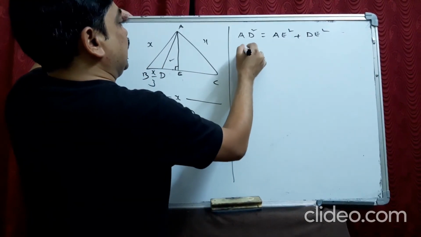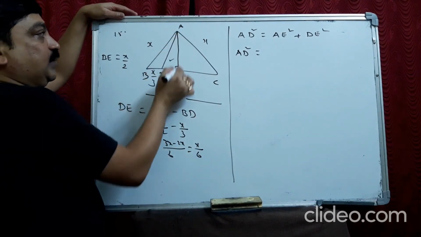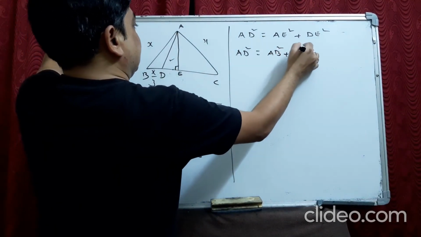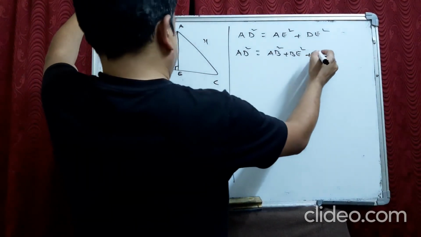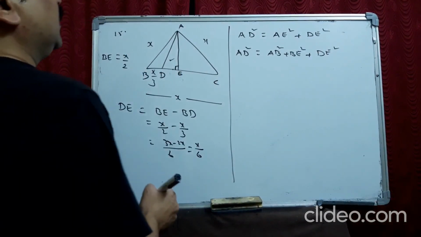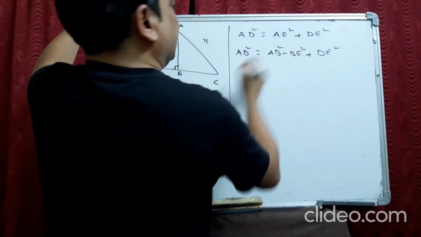So AD square is equal to AE square plus DE square. Again from this big right angle triangle, AE square is AB square minus BE square, plus DE square.